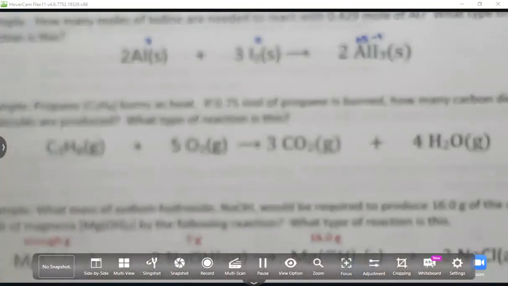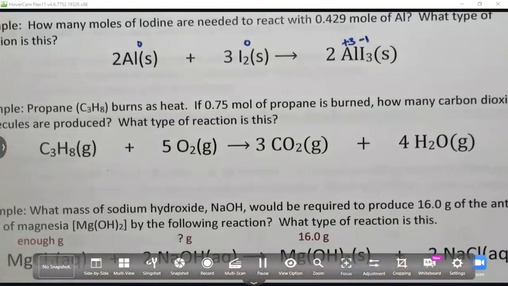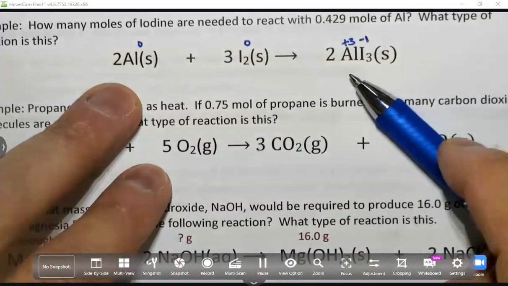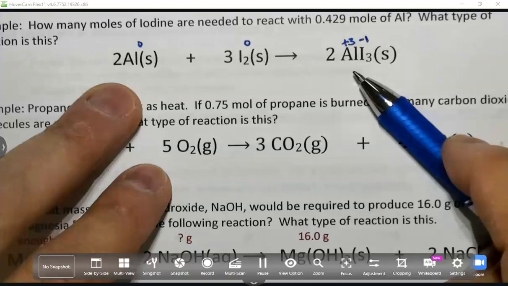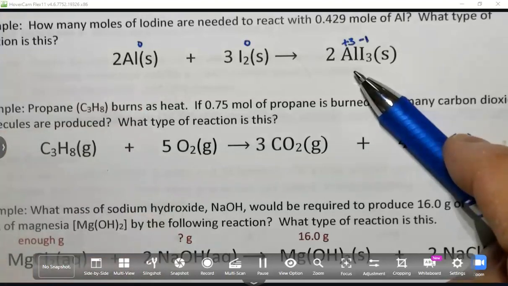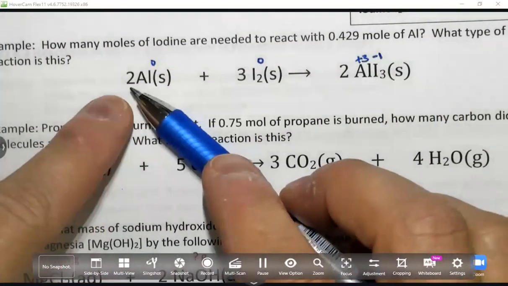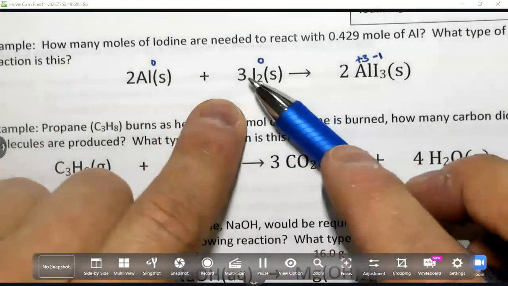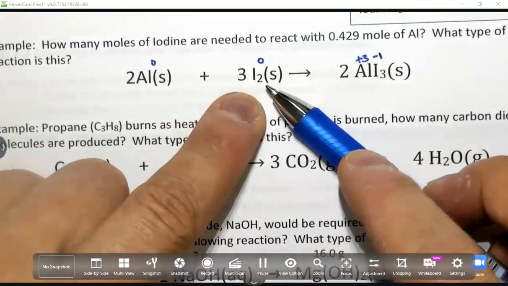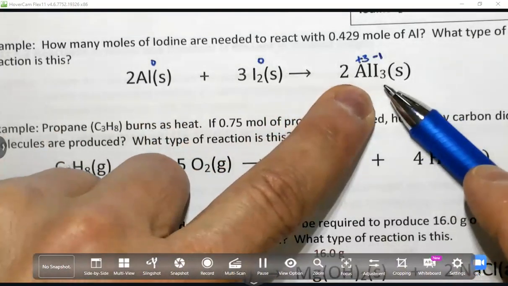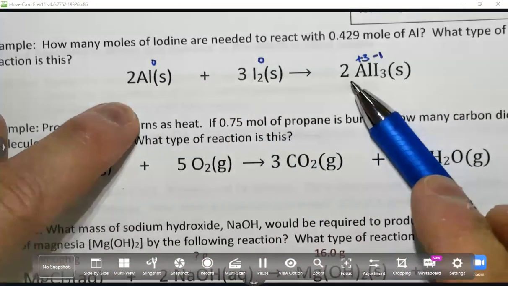And we know from this balanced equation, everything reacts according to moles, which means this. I need 2 moles of aluminum to react with 3 moles of iodine. And I'm going to produce 2 moles of aluminum iodide. That is my ratio, 2 to 3 to 2.